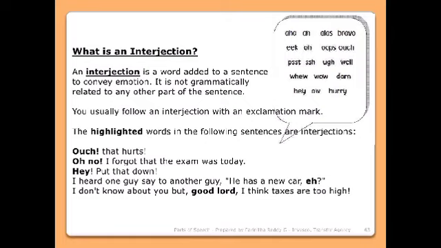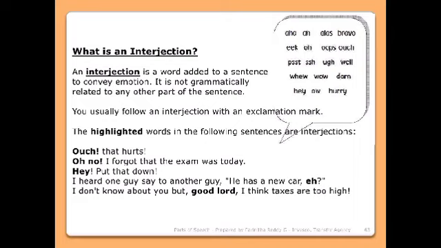Now, ouch is not an English word, but it is an interjection to show how much it hurts. Oh no, I forgot the exam was today. Oh no is not part of that sentence, but you use it just to express your emotions. Hey, put that down. Now hey is not part of the sentence which you want to say, like put that down, but still hey is a part of the sentence as an interjection.